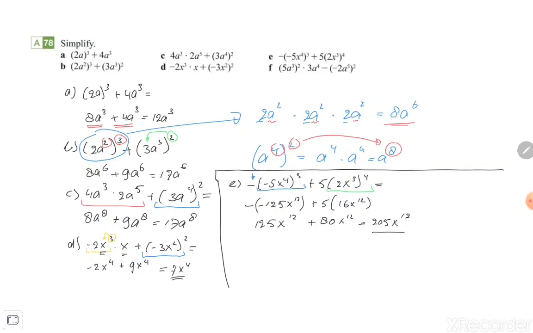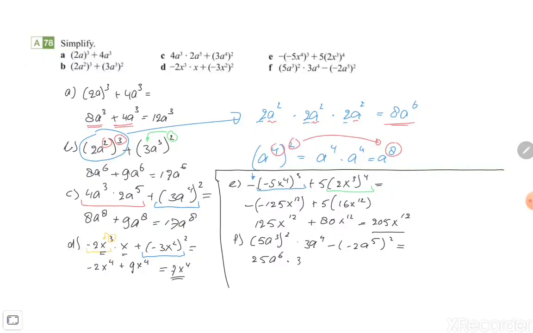Alright, and let me just look at the last one, exercise F. 5a to the power of 3, all to the power of 2, times 3a to the power of 4, minus, inside the brackets, minus 2a to the power of 5, all to the power of 2. Alright, so the first part, 5 squared is 25, and (a to the power of 3) squared is a to the power of 6.